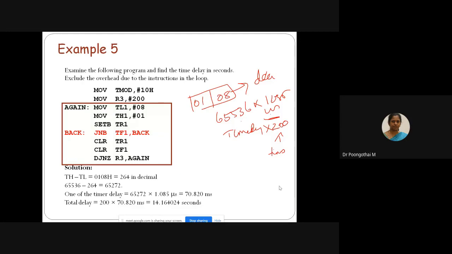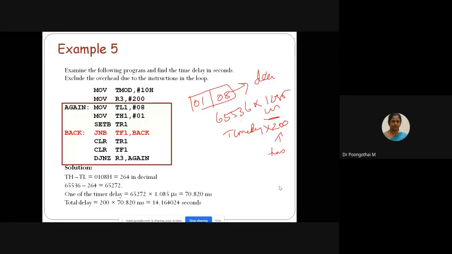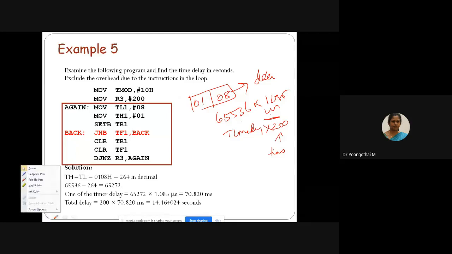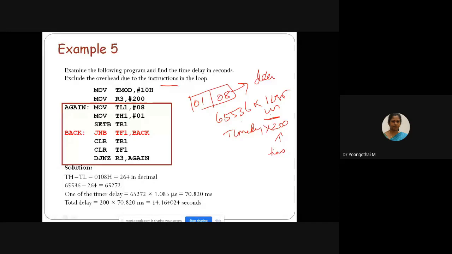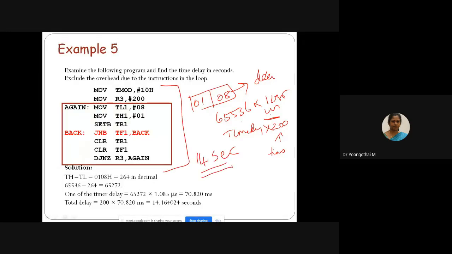How many times does the loop get executed? 200 times. So 200 into 70.820 millisecond. This particular program will generate a 14 second delay.